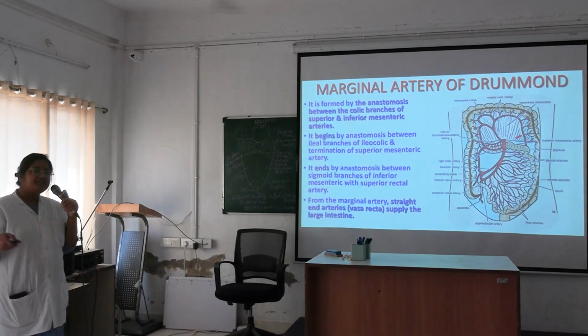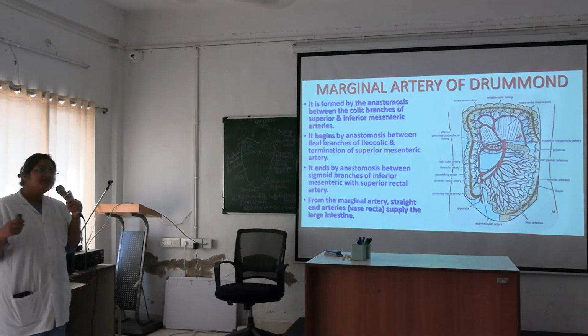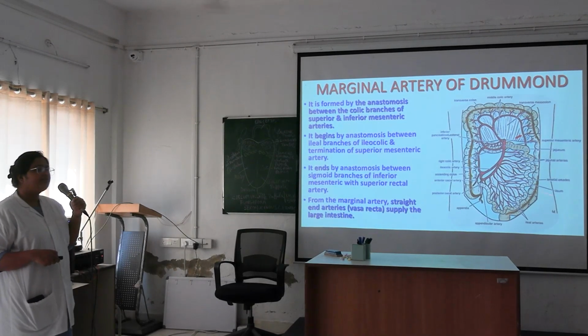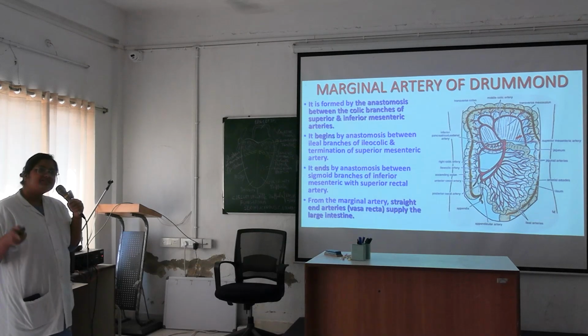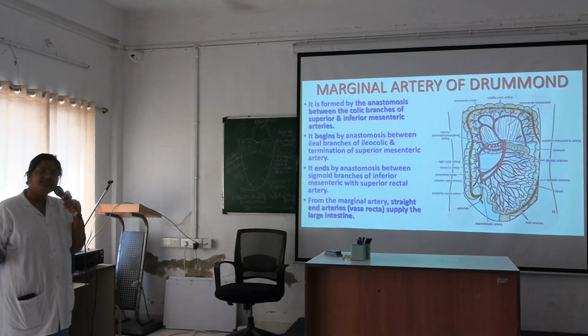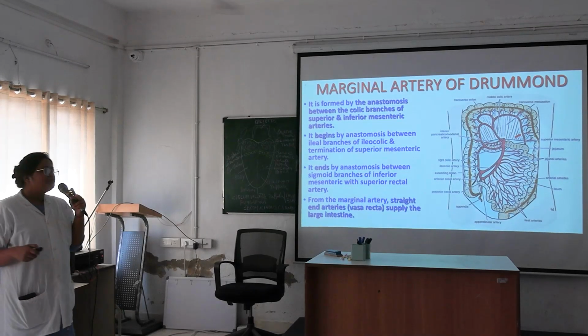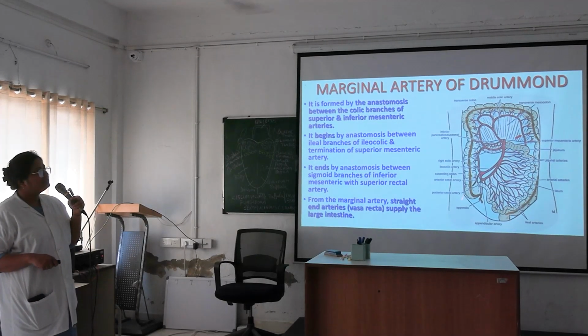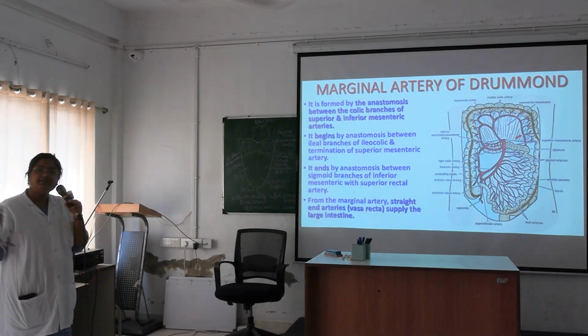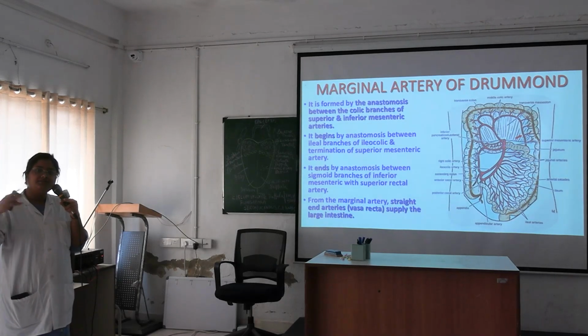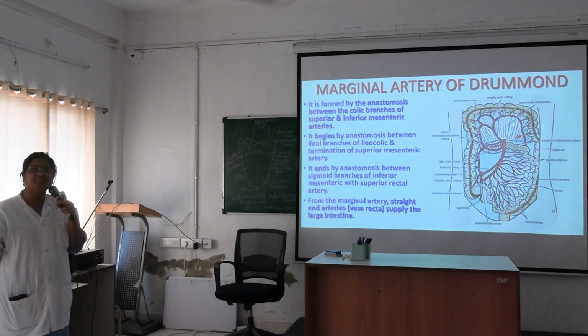This marginal artery is important because in case of loss or injury of some branches of the superior or inferior mesenteric artery, the gut will not be devitalized, because the blood can pass through this marginal artery and supply the area which is devoid of its original supply.